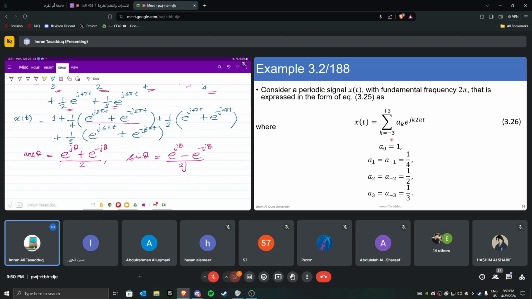Good. So from here, e to the power j theta plus e to the power minus j theta is equal to 2 cosine theta, right? And e to the power j theta minus e to the power minus j theta is equal to 2j sine theta, right?